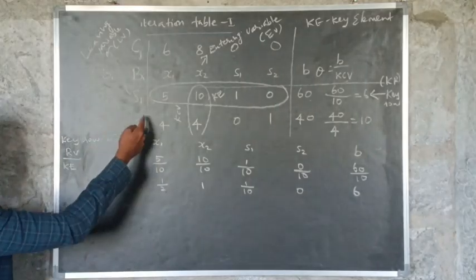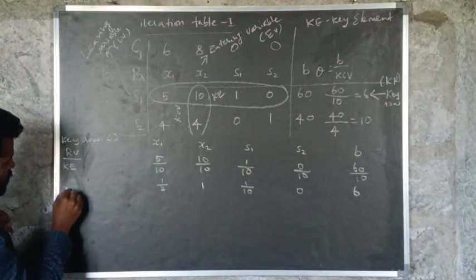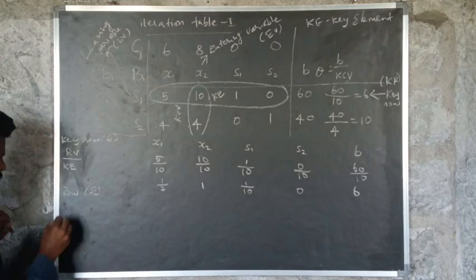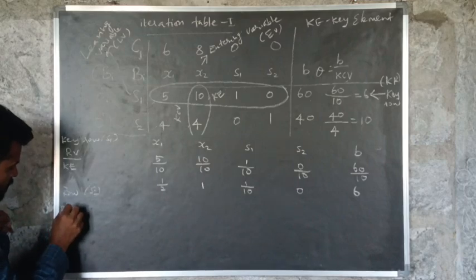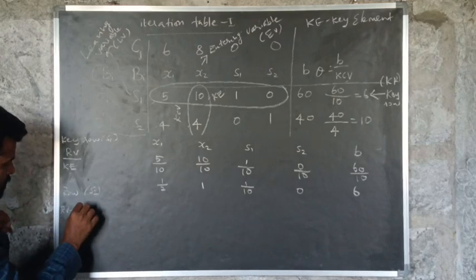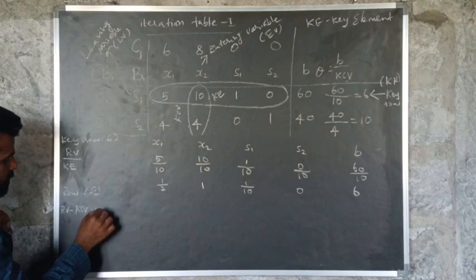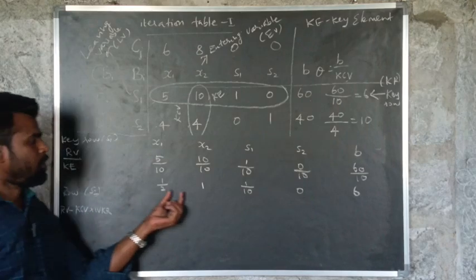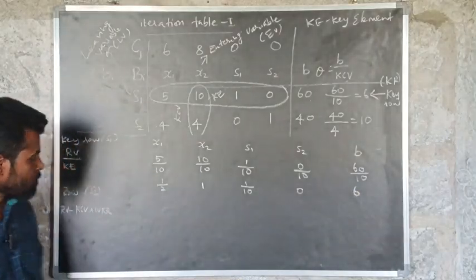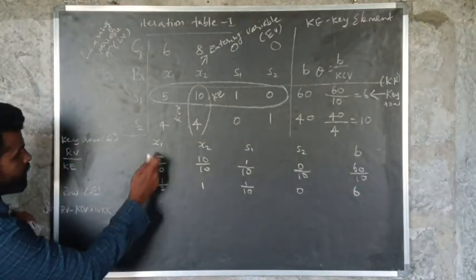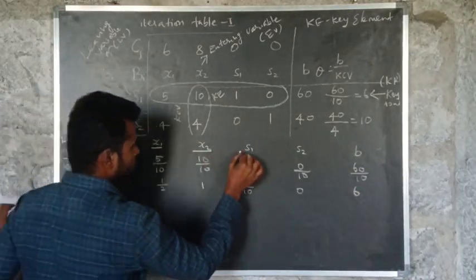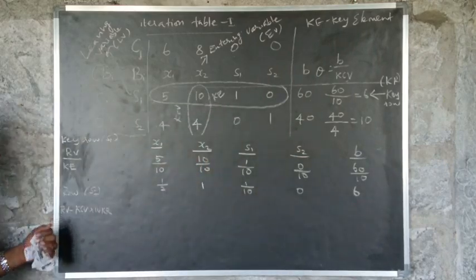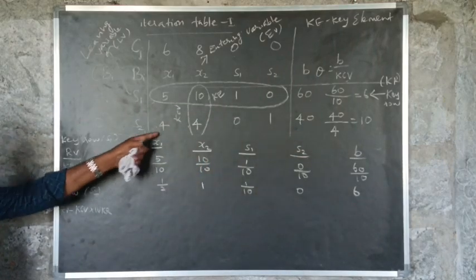For the remaining rows, for row S2, what is the formula I told you? Row value minus key column value multiplied with iterated value of key row. First I write x1, x2, s1, s2, quantity b for the row values.